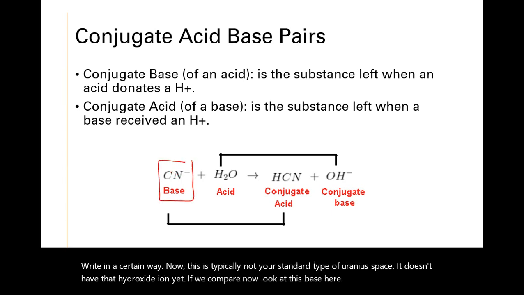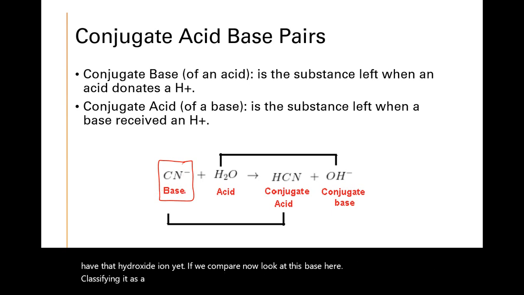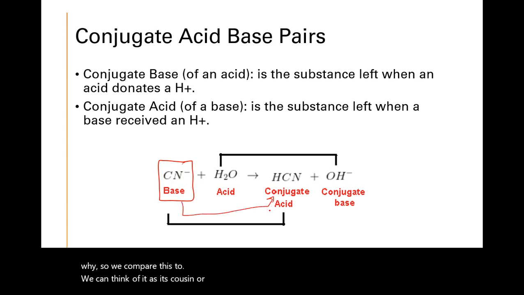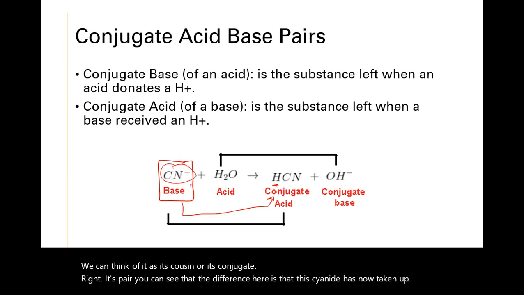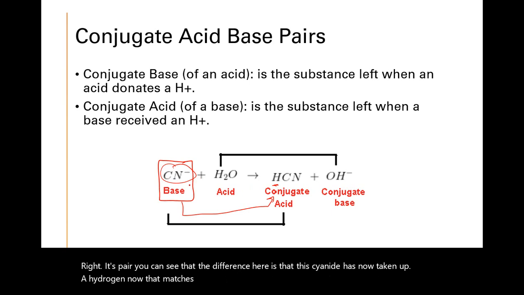We're classifying it as a base only because at the moment it just says base underneath it, but let's see why. We compare this to its cousin, or its conjugate, its pair. You can see that the difference here is that this cyanide has now taken up a hydrogen. Now that matches the Bronsted-Lowry definition of a base.